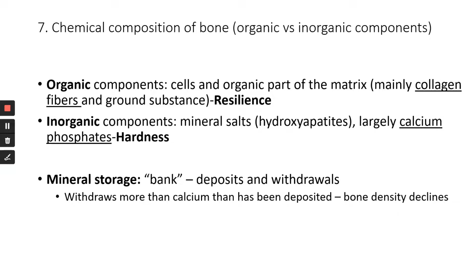All right, next is the chemical composition of bone. So we are going to look at comparison between organic and inorganic components. Now they are very different. They serve different purposes in terms of bone tissue. So the organic components include the cells, right, and some other organic part of the matrix. But the main thing that you need to remember is the collagen fibers in the bone matrix.